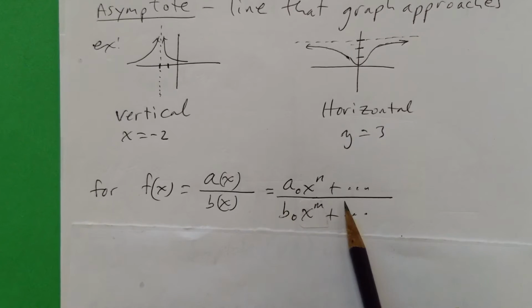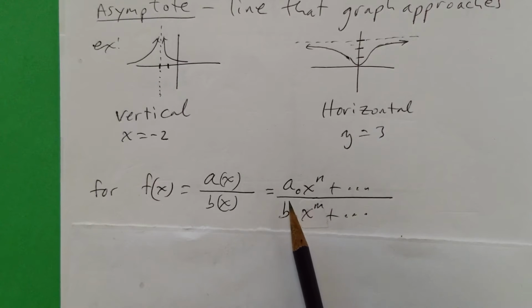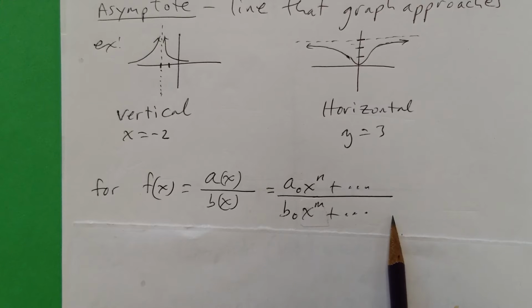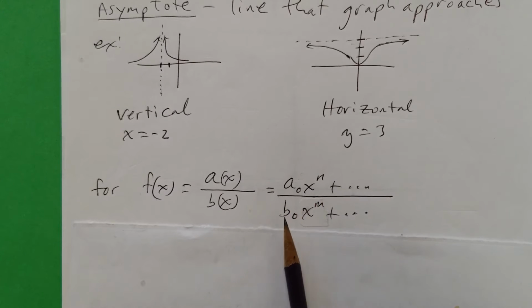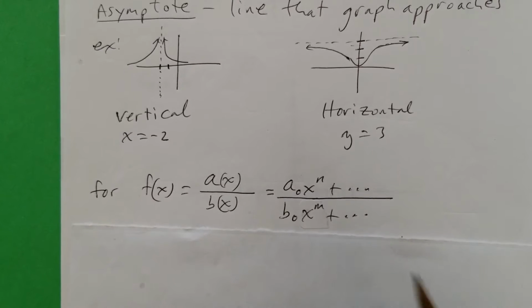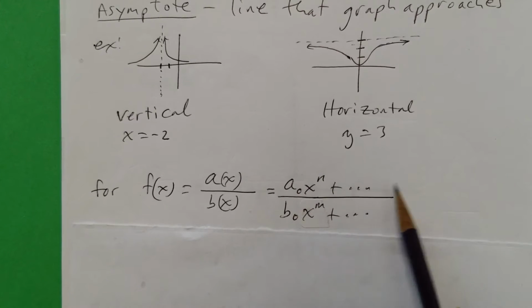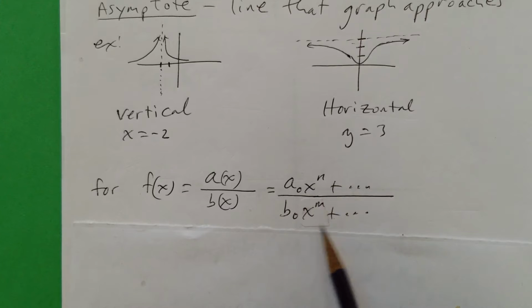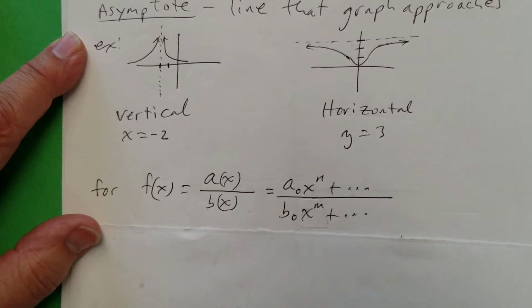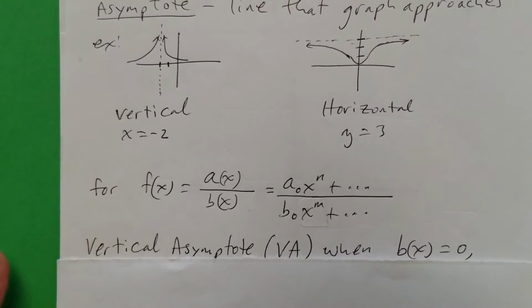So we can split it up like this, where the first term has a coefficient and a power, and same thing on the bottom, a coefficient and a power. Right? Well, just by looking at how it starts, never mind the rest, we can determine the asymptotes.